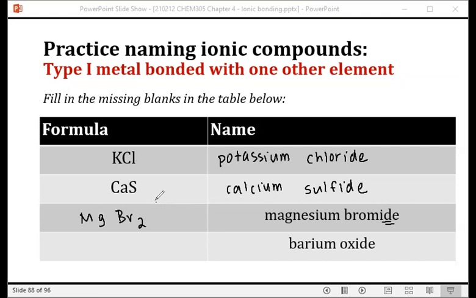And now if we check our charges to make sure they add up to 0, for magnesium, it has a charge of 2+ times 1 atom of that equals a total charge of 2+ from the magnesium. And for the bromine, the bromide ion has a charge of 1-, and we have 2 atoms of that. So a total negative charge of 2-, and so those add up to 0, which checks out because ionic compounds have to have charge neutrality, meaning that the sums of their positive and negative charges have to add up to 0.